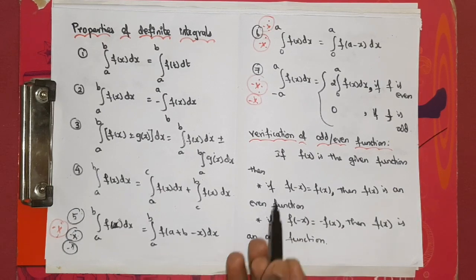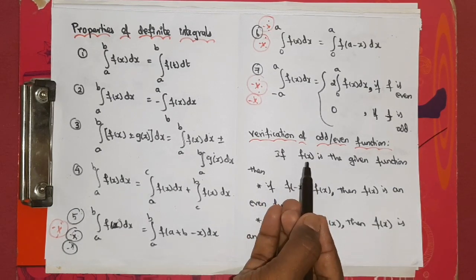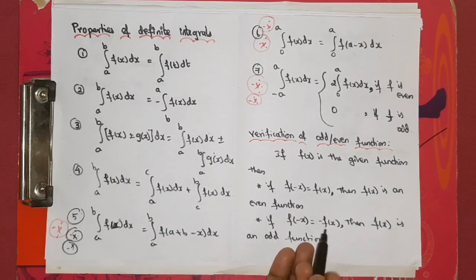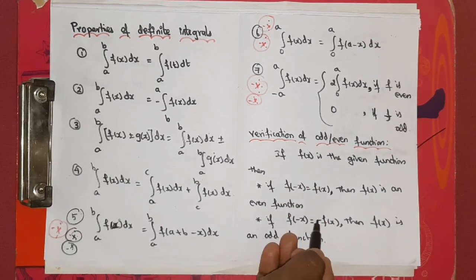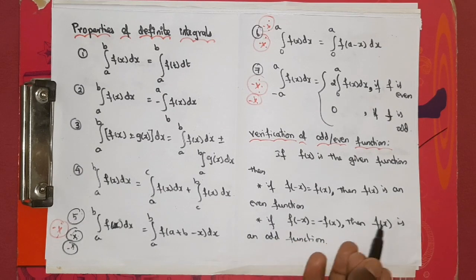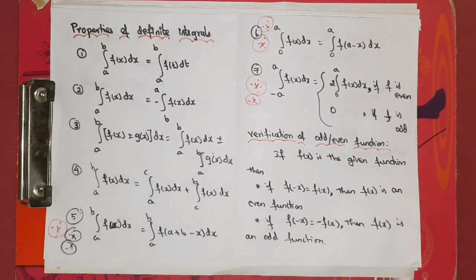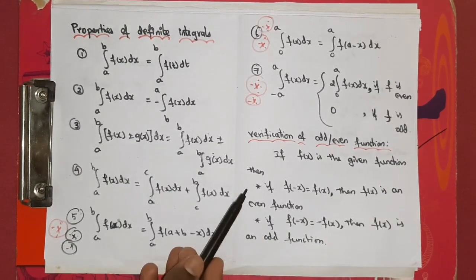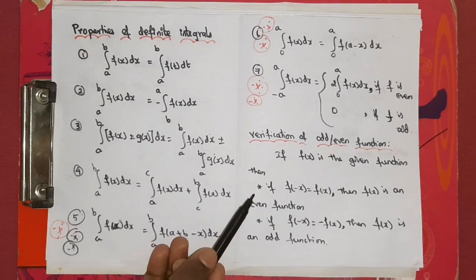If I put minus x in the x place and get minus times the original function f of x, then f of x is an odd function. So these are the conditions for even and odd functions. Be clear on it.